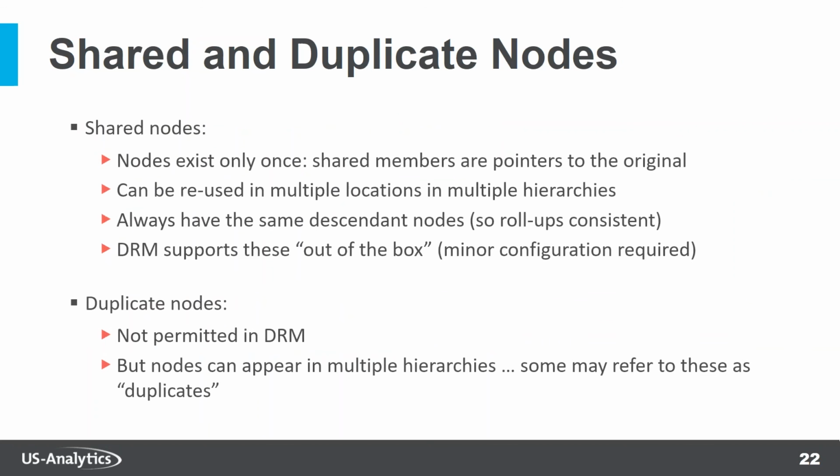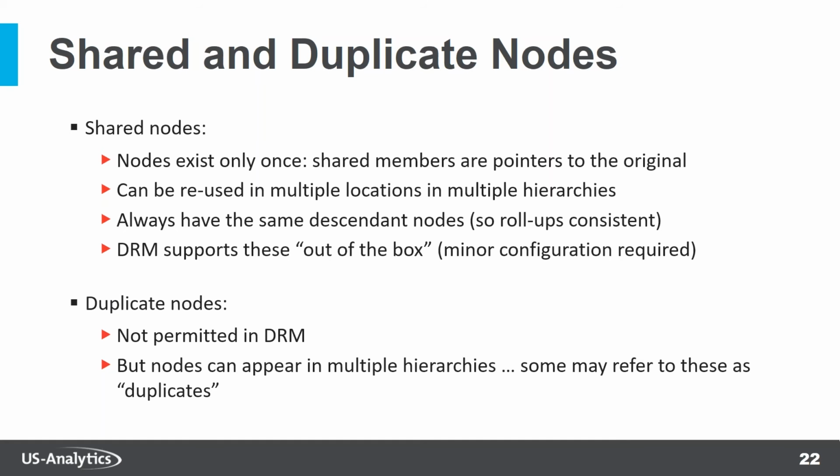Absolutely. So we do support shared nodes and duplicates. By definition, you all probably know that DRM won't allow duplicates. If you try to put a duplicate in, it's going to reject it and tell you it already exists. You can insert it, but you can't add it. That just means you can put it in multiple places.